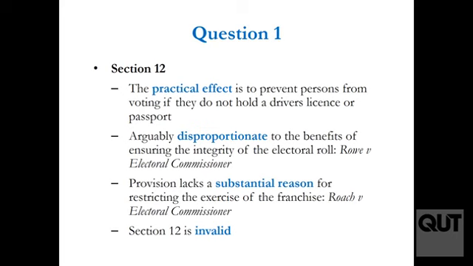It's going to prevent people from voting because they have to have a driving licence or passport in order to receive a ballot paper. So the effect of this compulsory voter identification requirement is to essentially disenfranchise an appreciable section of the community, and on that basis, it intrudes too far into the system of voting.